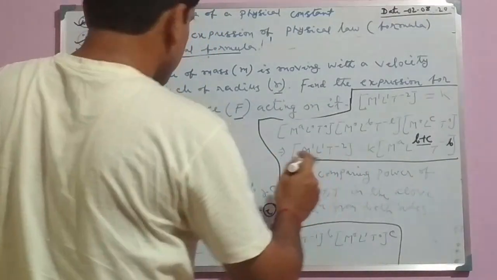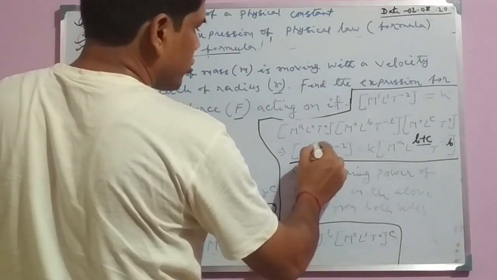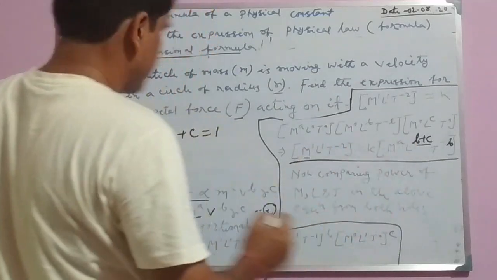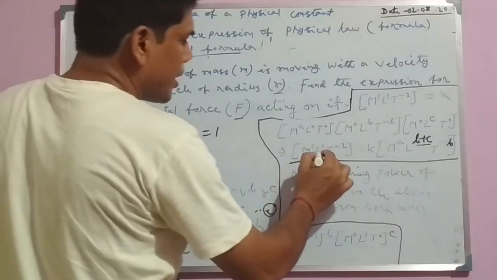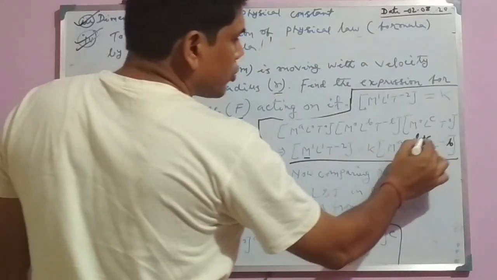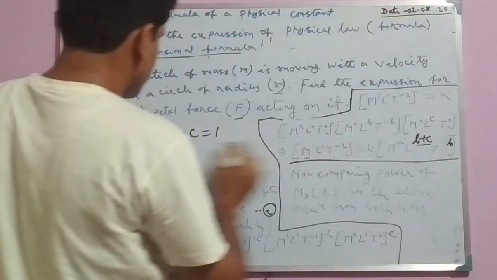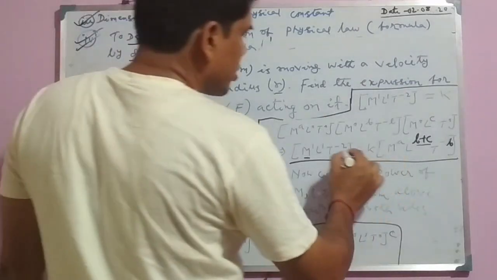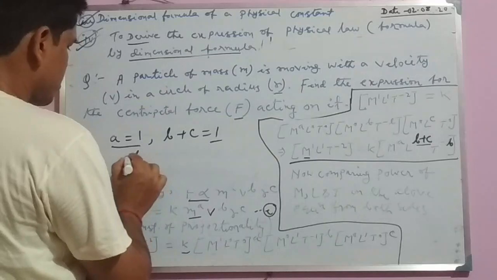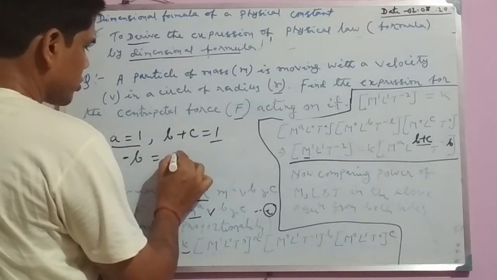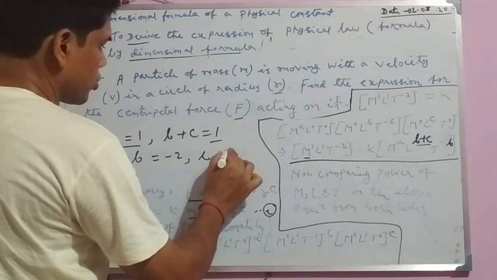Comparing M to the power 1 with M to the power a, we get a equal to 1. Comparing L to the power 1 with L to the power b plus c, we get b plus c equal to 1. And comparing T to the power minus 2 with T to the power minus b, we get b equal to 2.